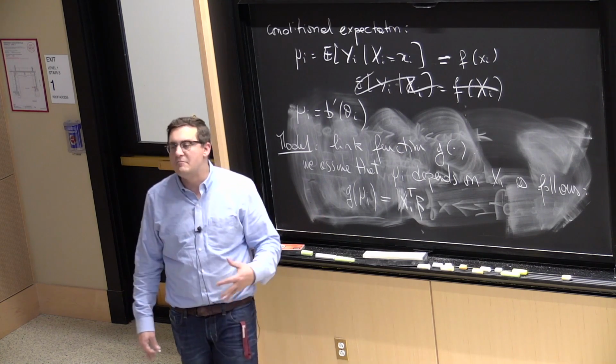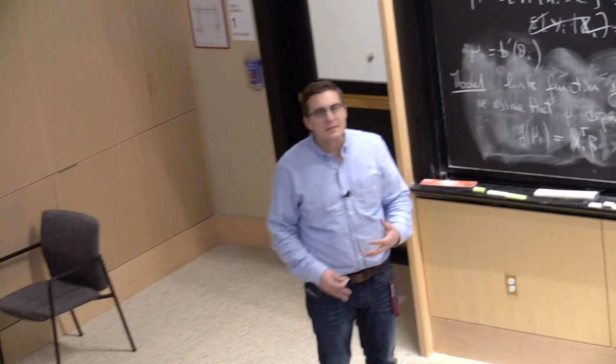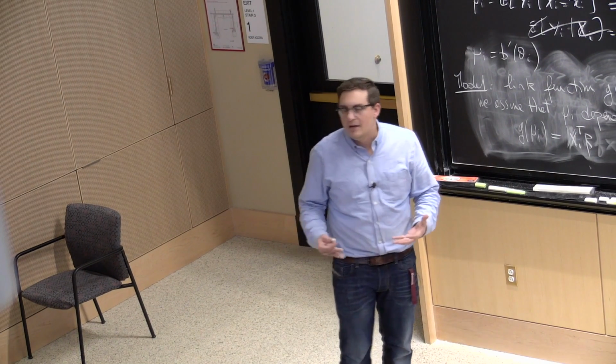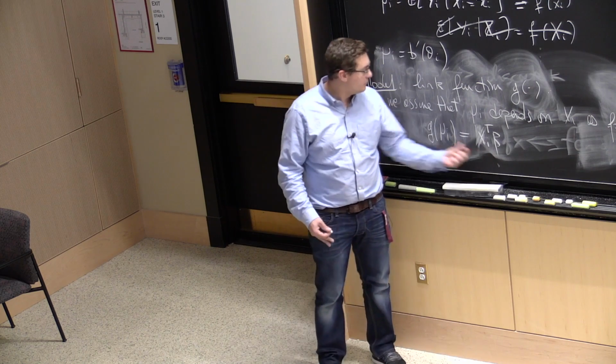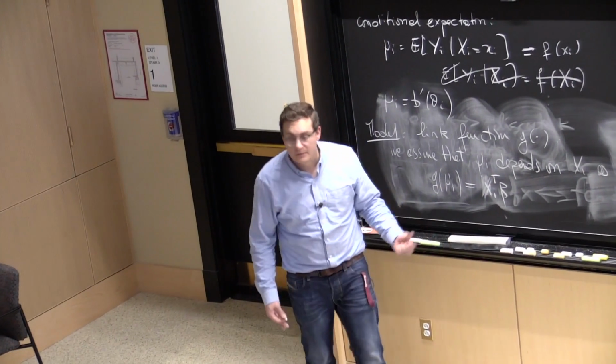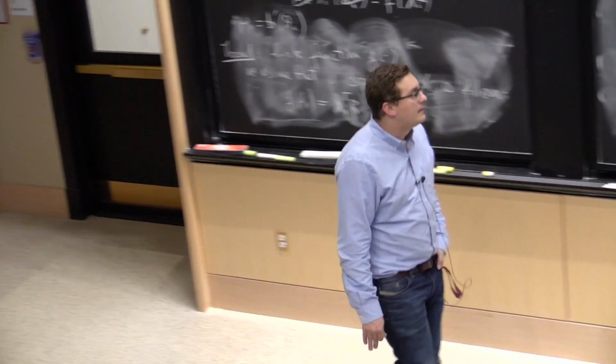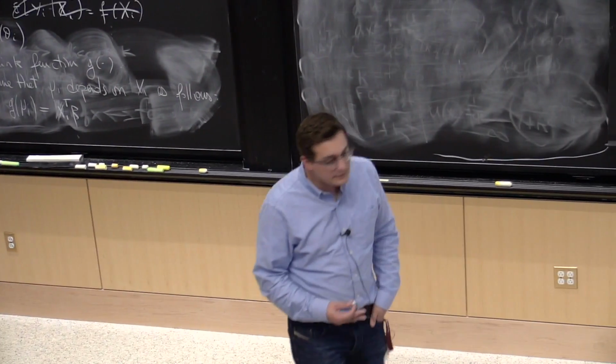So in a way, we're not making a much bigger leap of faith than by assuming a linear model. The linear link is already here. We're just making things compatible. All right? And it's always the same link function.